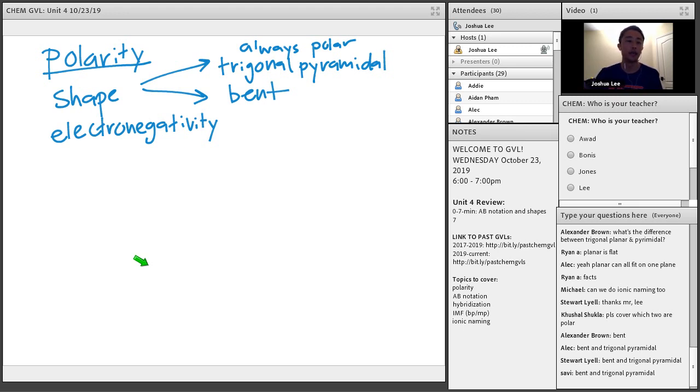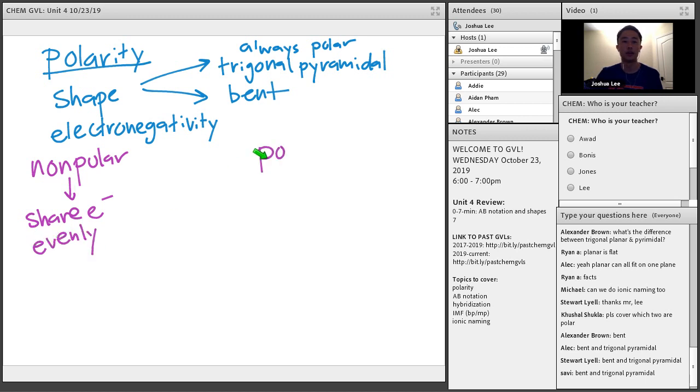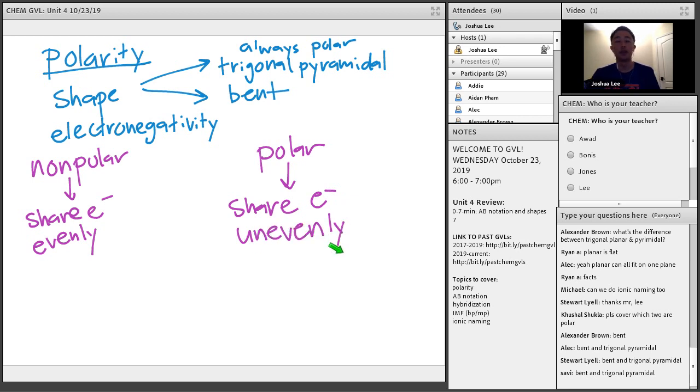So what polarity is basically talking about is how they're sharing their electrons. If something is nonpolar, that means they're sharing their electrons evenly. Whereas if they're polar, they're like polar opposites, they're sharing electrons unevenly. So if we look at the instance of carbon dioxide, step one to figure out if something's polar would be to draw the correct Lewis dot structure. So here's the Lewis dot structure.